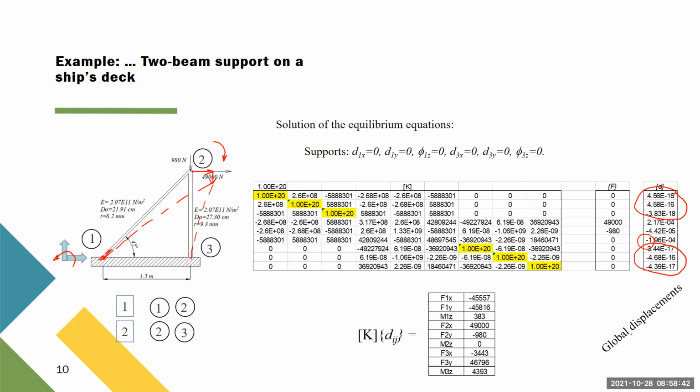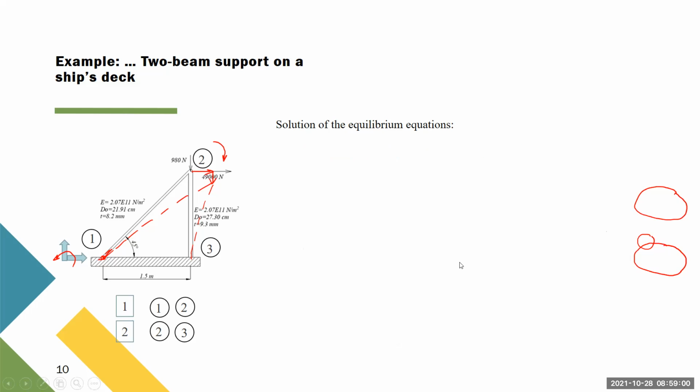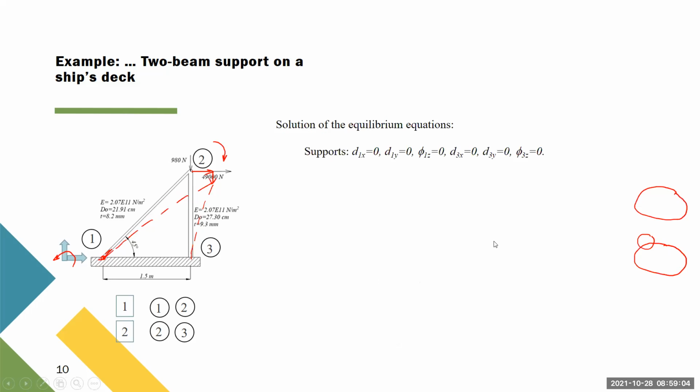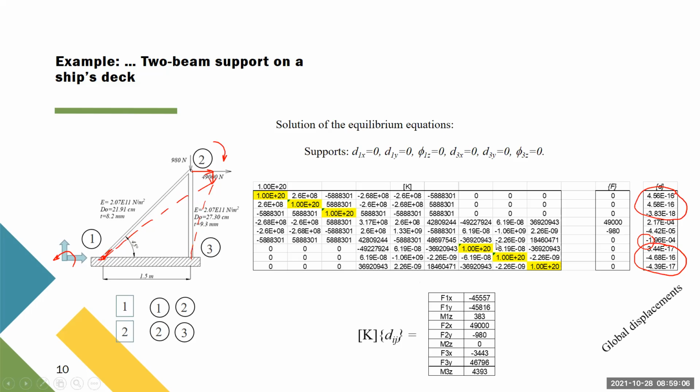The second step, remember, is to find the unknown reactions. So what you do is multiply the vector of global displacement that you know, this vector is completely known, by the original stiffness matrix, that's this one here, and the results here are the reactions.